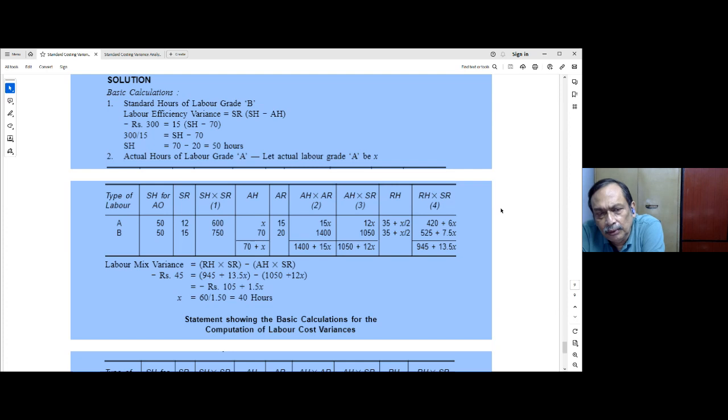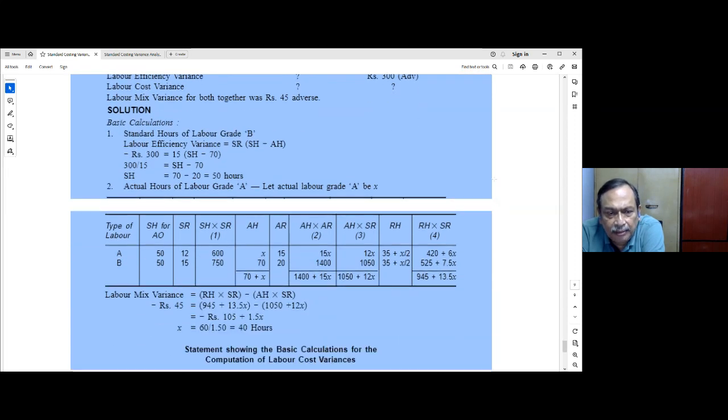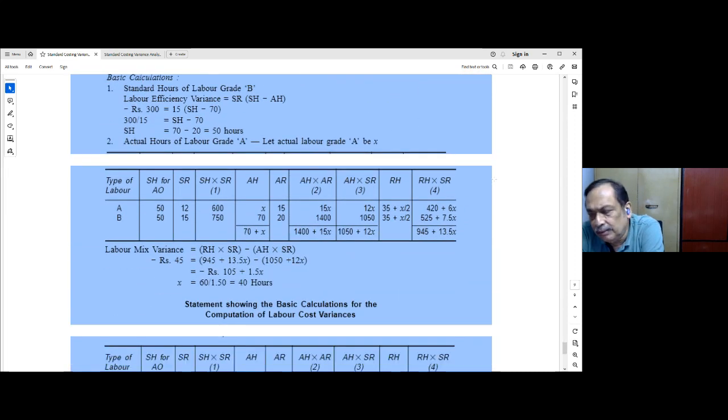Now we know labor mix variance is RH into SR minus AH into SR. So labor mix variance is given in the question as 45 adverse. Hence, we are going to write the negative sign before rupees 45.